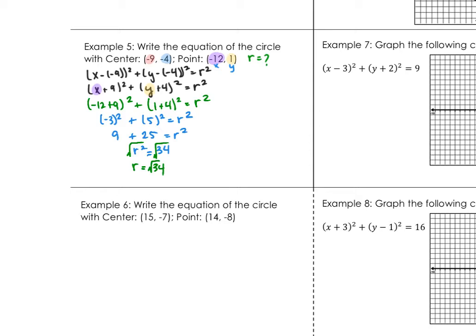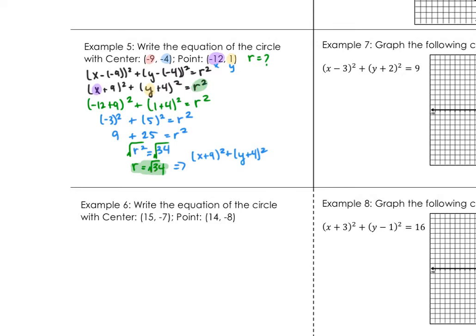Well, now I have my radius. Now I can take this and plug it back into my equation to get the equation of my circle. Okay, so plugging it in, we have x plus 9 squared plus y plus 4 squared. So the equation I'm using is just this one right here. And now we have radius.